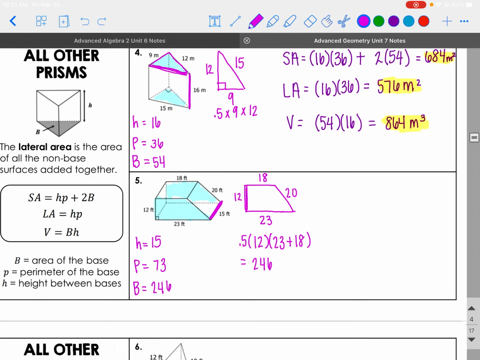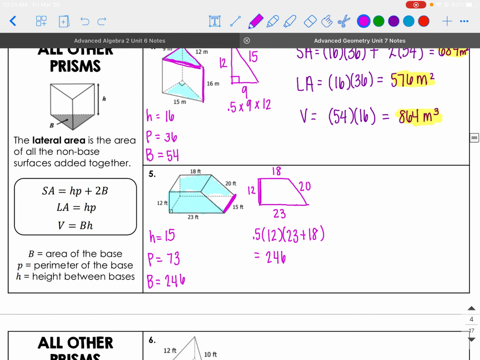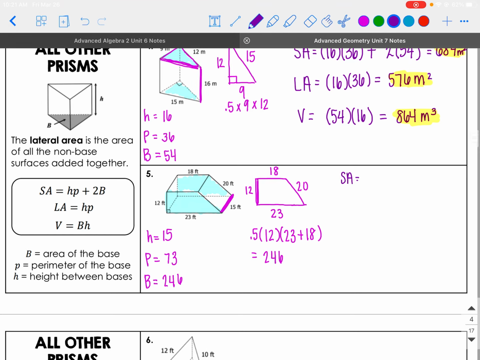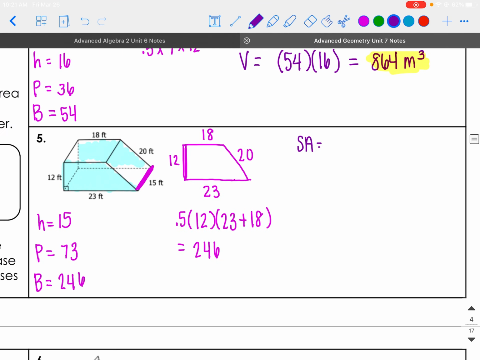Oops. Okay. I was trying to make that smaller, but it didn't work. So surface area, I'm just going to have to write small. This would be 15 times 73 plus 2 times 246. And we get 1,587 feet squared.